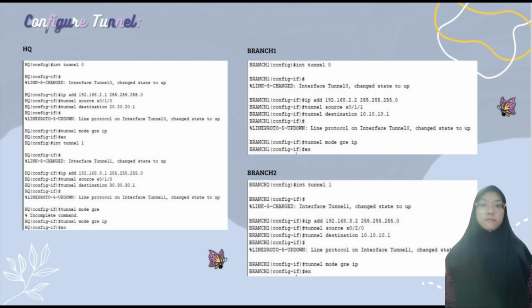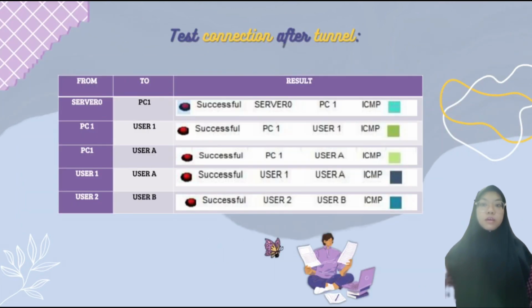Next, we configure the tunnel. This is our command that we do at router HQ, router branch 1, and router branch 2. After that, we test the connection, and the result is successful, so the service is working.